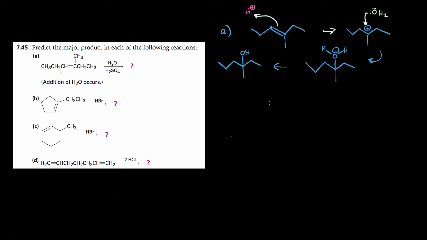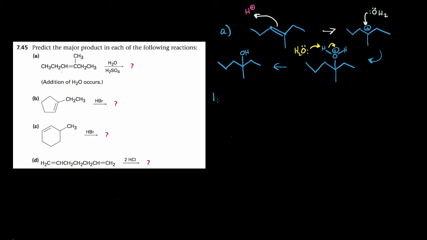We don't really need to show what's going on there, but since we have water, H2O, we could draw that curved arrow to show that we're pulling off a proton, making H3O+, and our alcohol here is the major product.